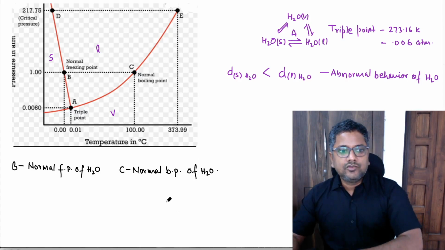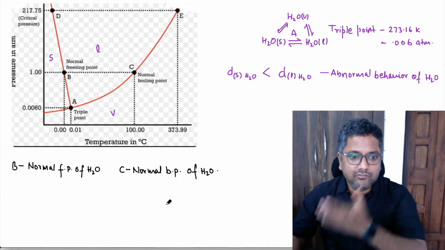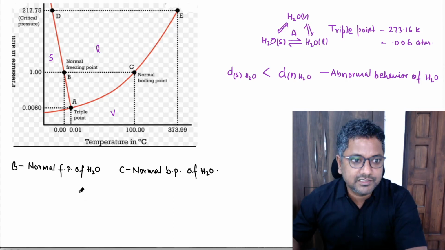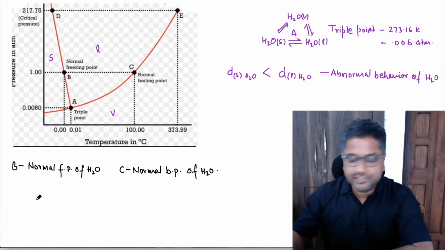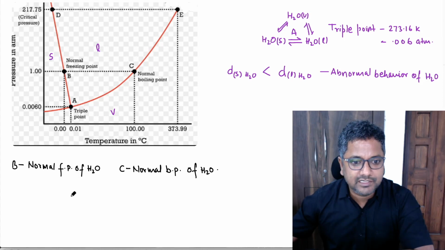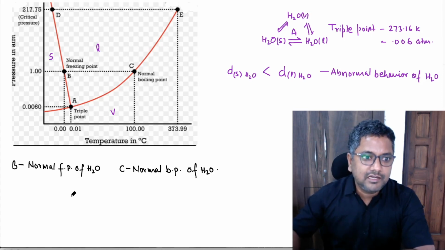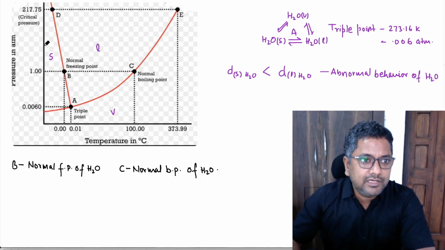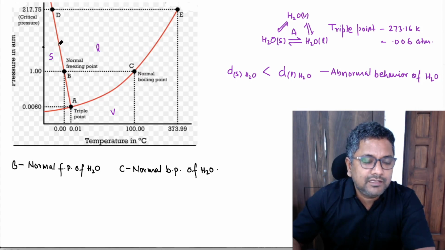Right? So from here you can define what the boiling point and freezing point are. You can very easily define it, right? That's why I have started with this graph, and it is a very important point. When you increase the pressure, suppose you take any point here and draw the line. At this pressure, this is not the normal freezing point, but the freezing point of water.